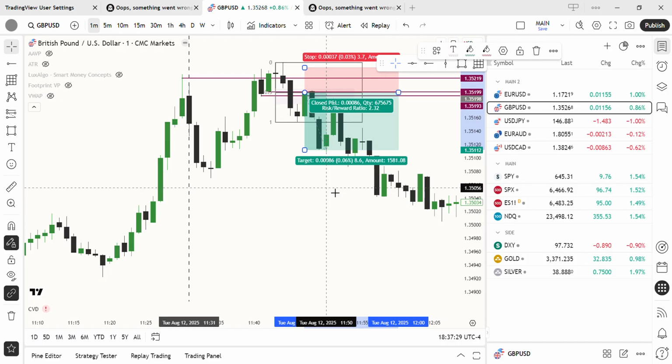August 12th, 2025. Check mark. One trade. 1 to 2.32 RR. 3.7 to 8.6 pips. I like that. We like that.